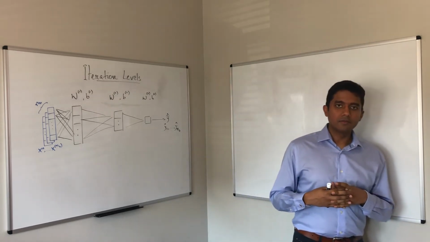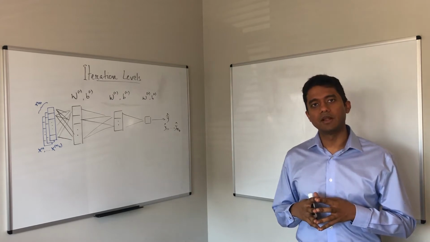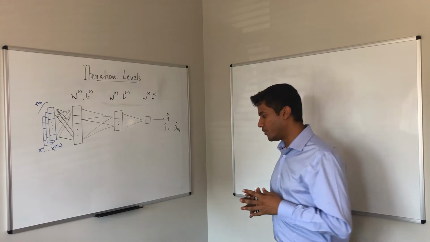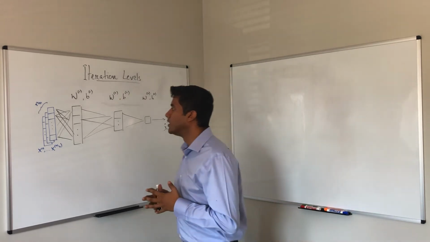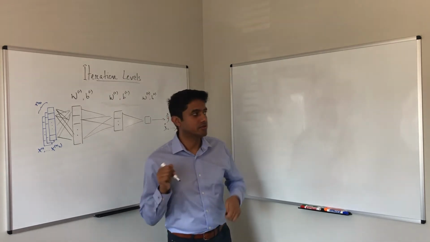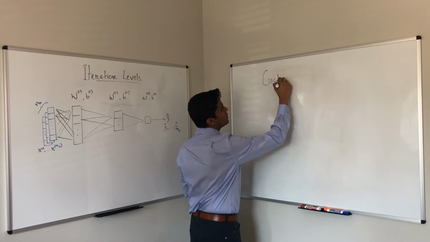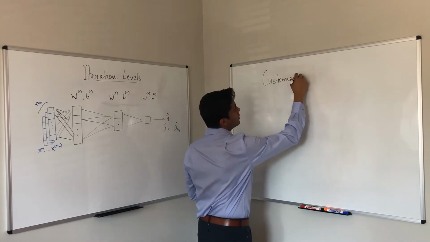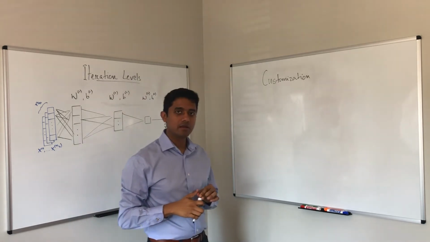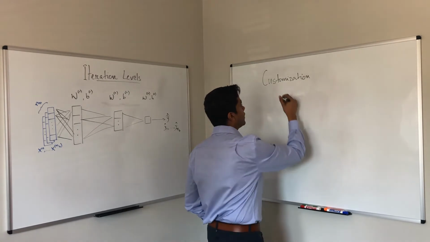Because in this problem, and inevitably in some other problems as well, sometimes we have to do certain customizations. For example, in this chapter, we are going to learn about metric customization. As I said, the major purpose of understanding iteration levels is so that we can do some customizations.